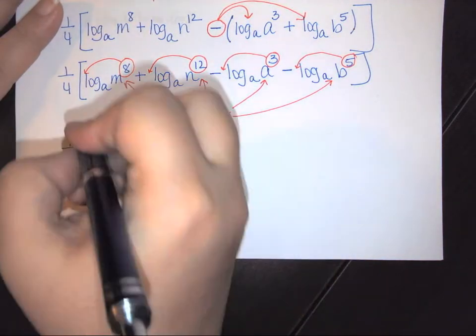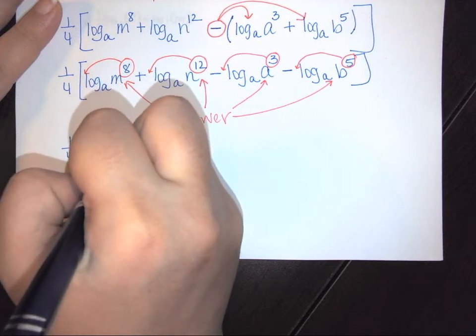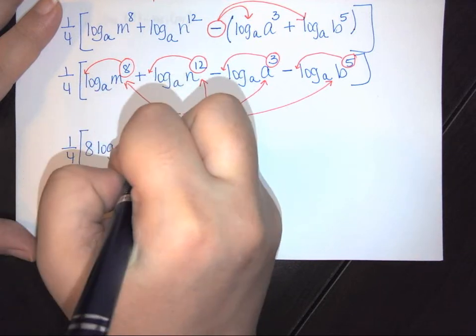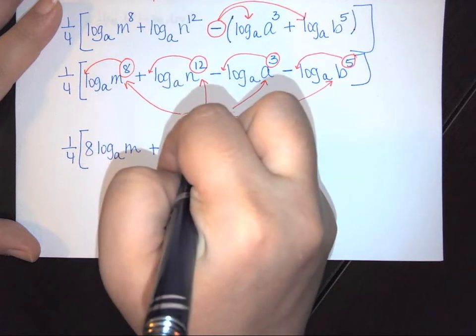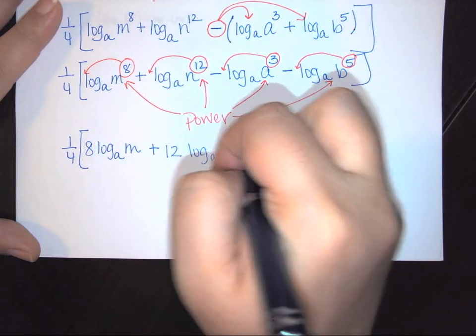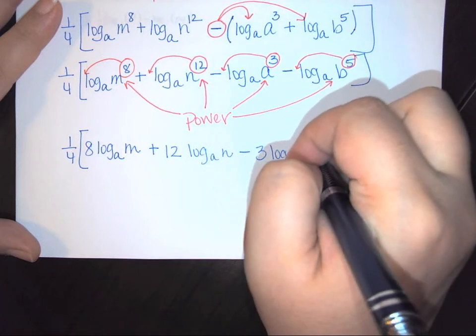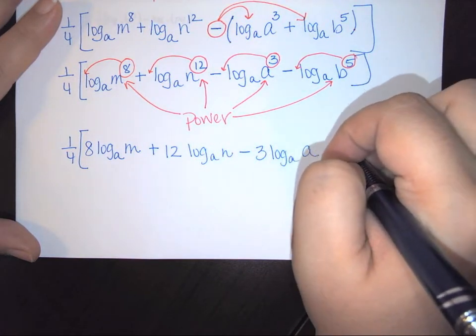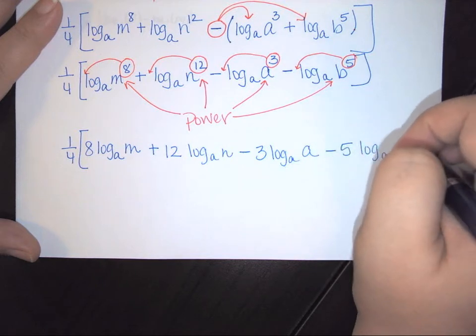So we have to rewrite all of these to say 8 log base A of m plus 12 log base A of n minus 3 log base A of a minus 5 log base A of b.